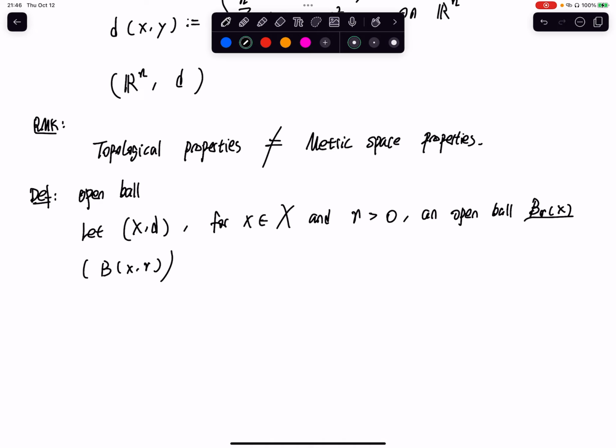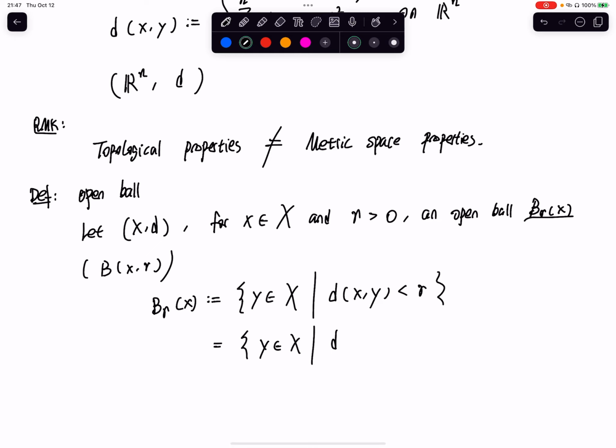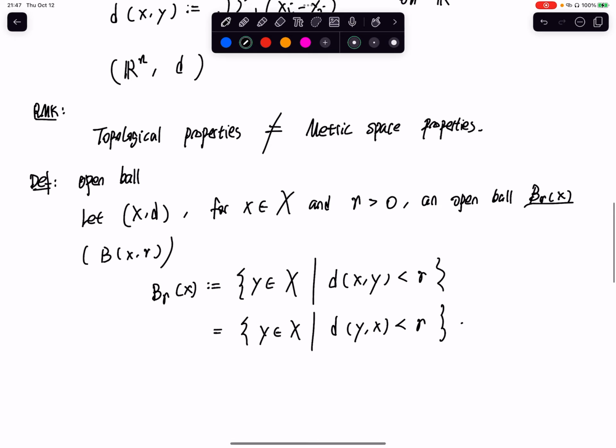So this means an open ball centered at x with radius r, and it is defined by B r of x, defined, of course, by a metric, as all y in X such that d of x y is less than r. And since it is symmetric, this is equivalent to this.